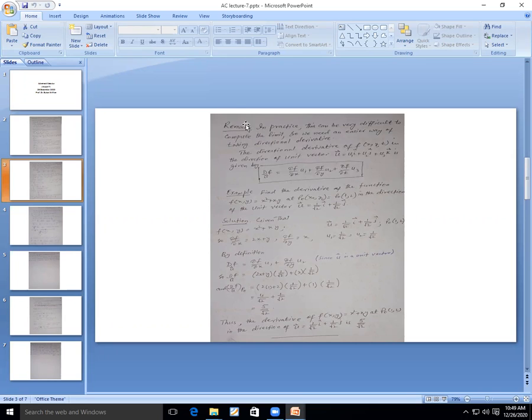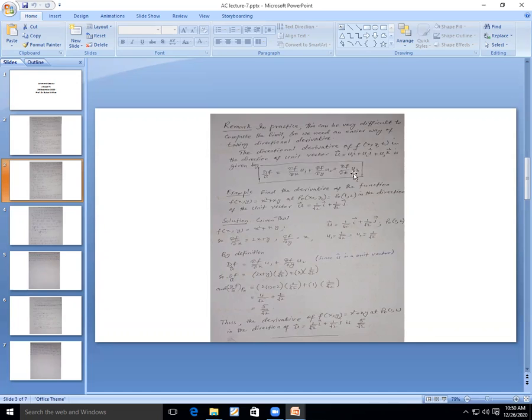So this remark says that the definition of the directional derivative is too difficult to use for finding the directional derivative of any given function in the direction of unit vector. So if this is not an easy task, then how do we find it? For that purpose, we use this simple formula.